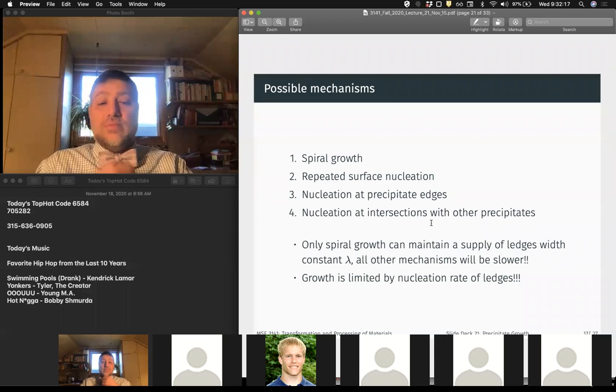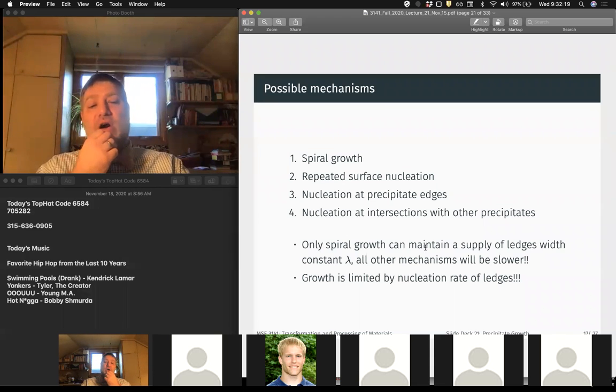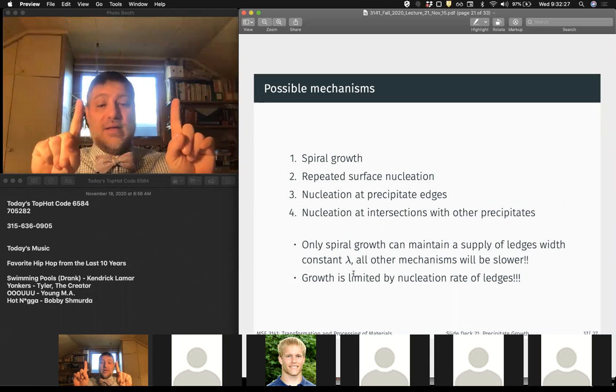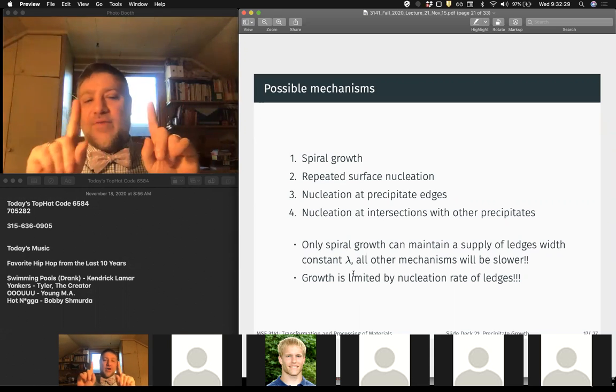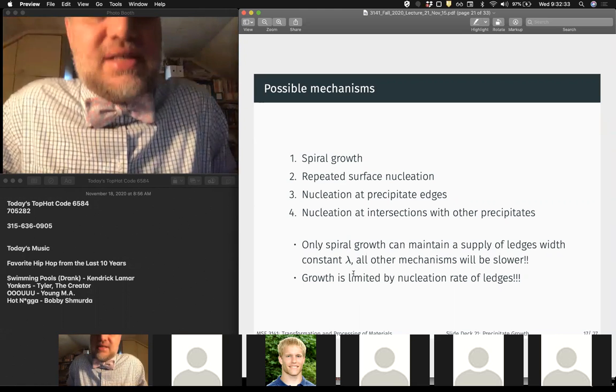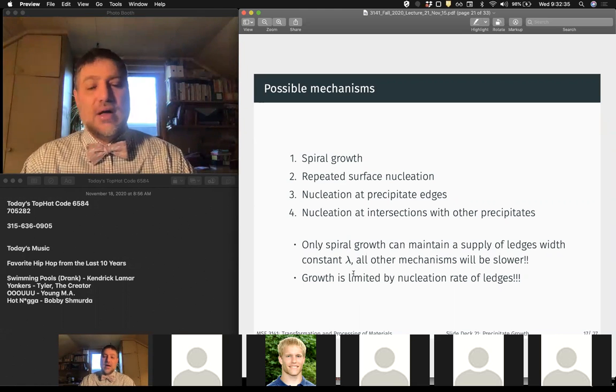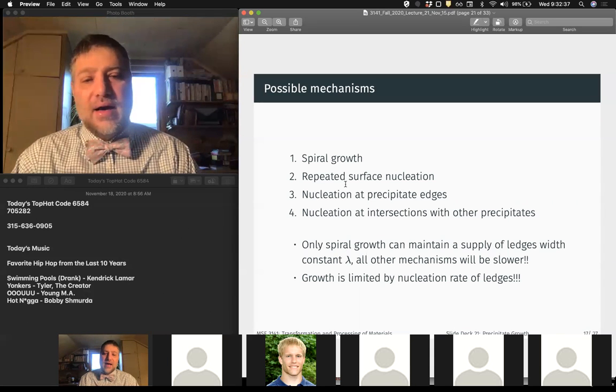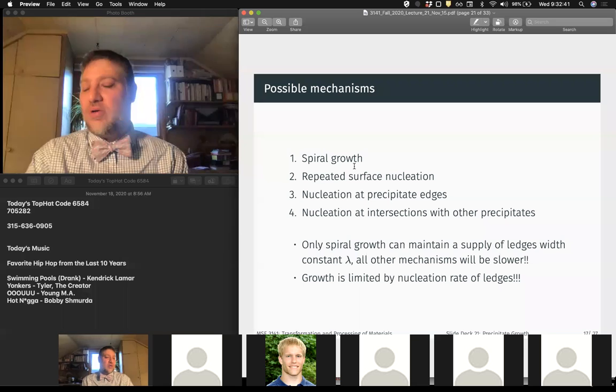Okay. Spiral growth is the only one that can supply ledges with a constant width, lambda, a constant wavelength. Right? And if our growth is limited by the nucleation rate of these ledges, every other mechanism is going to be much, much slower than spiral growth.